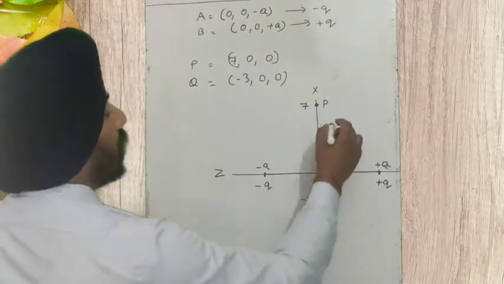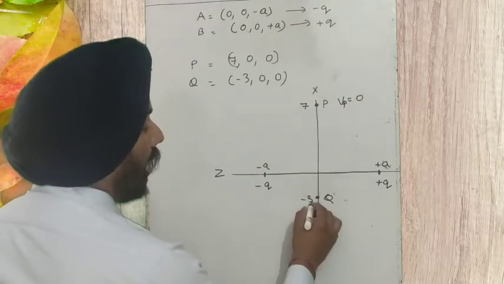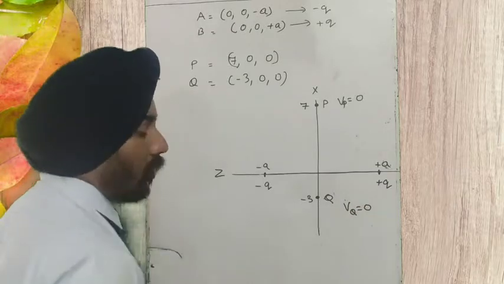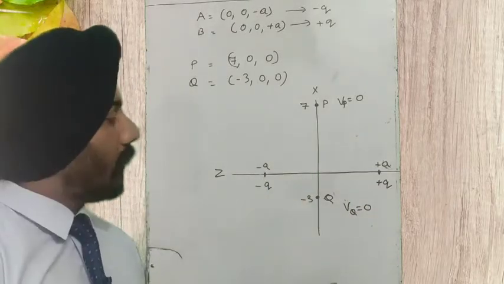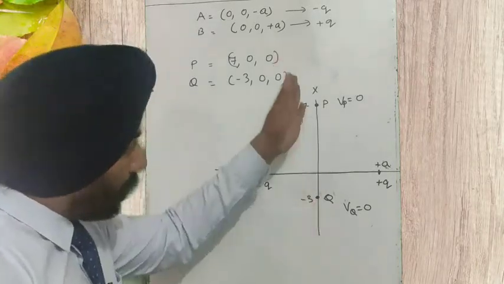So what will be the potential at P? Vp is equal to 0. And what will be the potential at Q? Vq is equal to 0. Because on the right bisector of the dipole, the potential is 0 at every point.